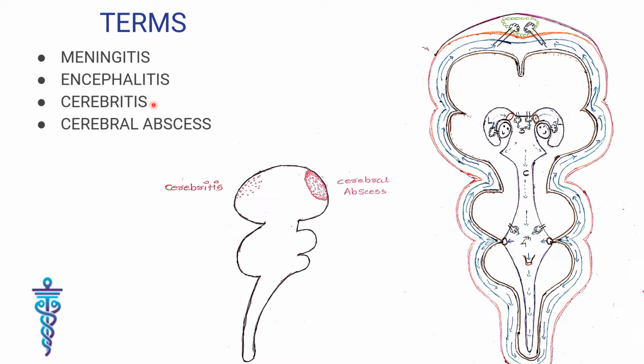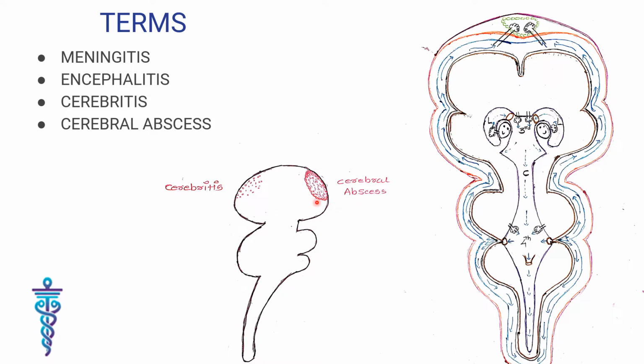Then cerebritis means localized inflammatory patches of the brain parenchyma, and it is not encapsulated. As you can see, if this condition is not treated well, what will happen next? It can lead to a cerebral abscess. So what is a cerebral abscess?